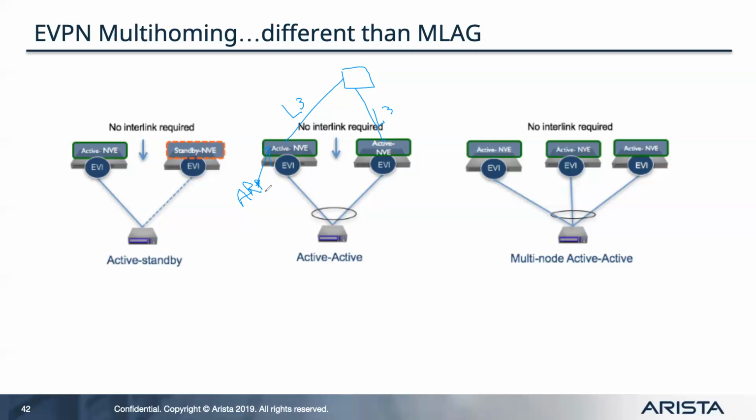That's how we will achieve this. Obviously, we want to sync this ARP information, or whatever MAC, to this guy. This guy should know. So that's what we are going to achieve by using type 1 and type 4 route types, and we'll see how.